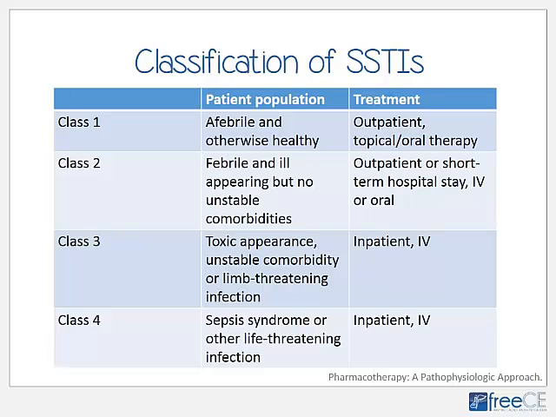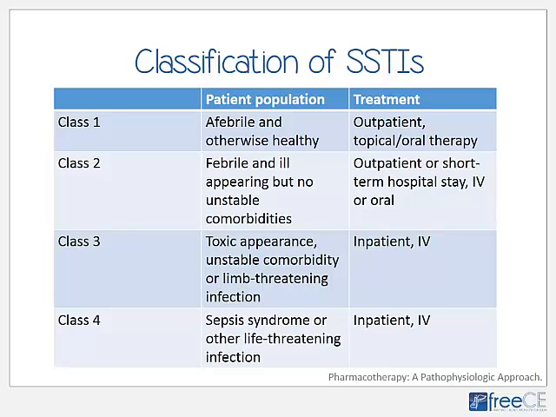So there's actually a newer classification system that divides SSTIs into 4 classes based on severity of signs and symptoms, as well as the presence and stability of comorbidities. It was developed to aid clinicians in determining whether the patient needed to be admitted and to aid in treatment decisions. So is it going to be oral therapy or IV therapy? How do you determine how you're going to treat the patient?